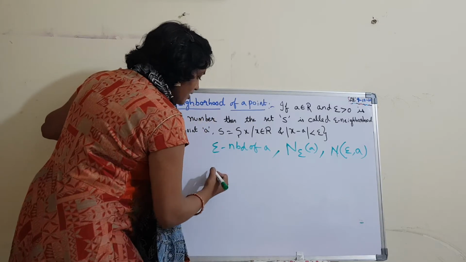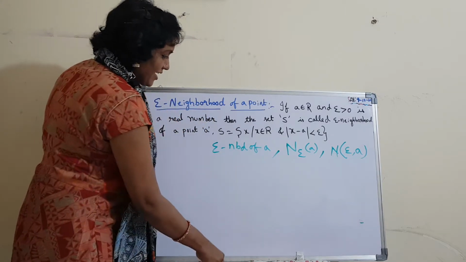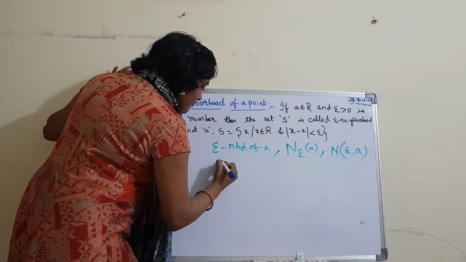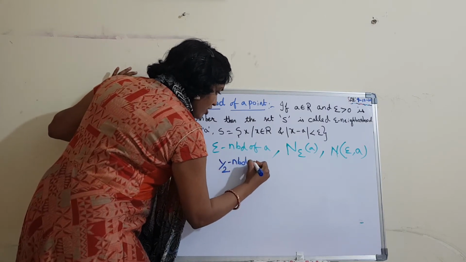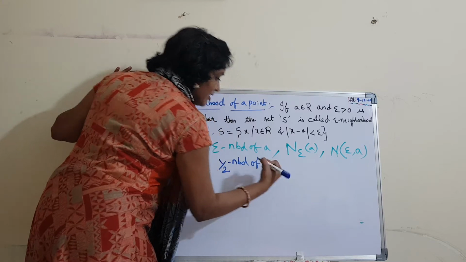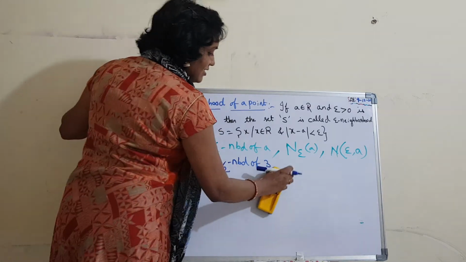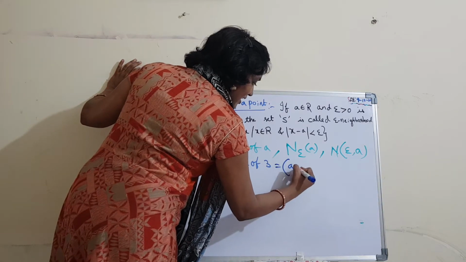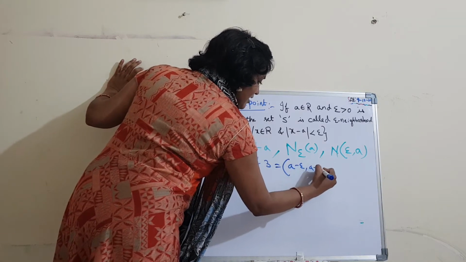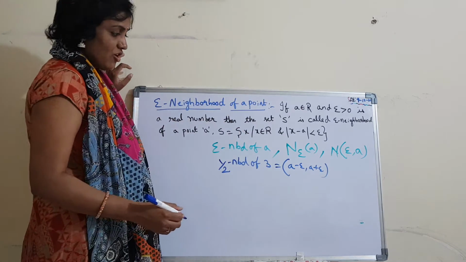Here if I give an example, you can understand. Suppose they give half neighborhood of 3. What is the formula? A minus epsilon comma A plus epsilon.